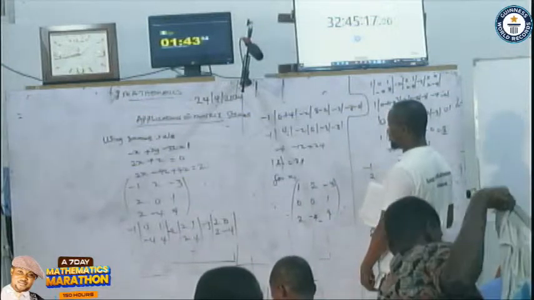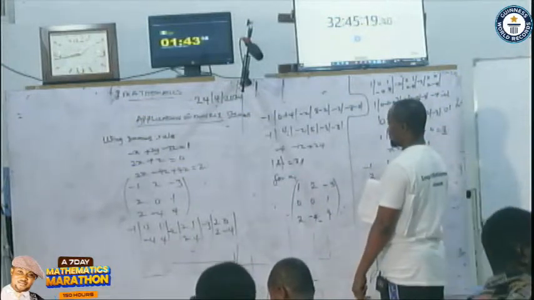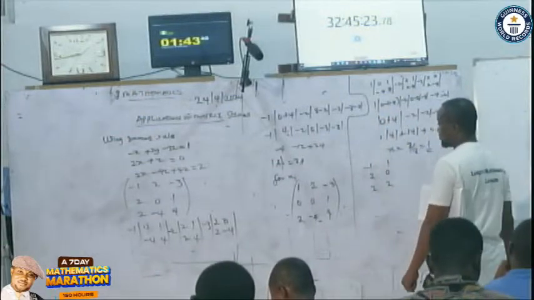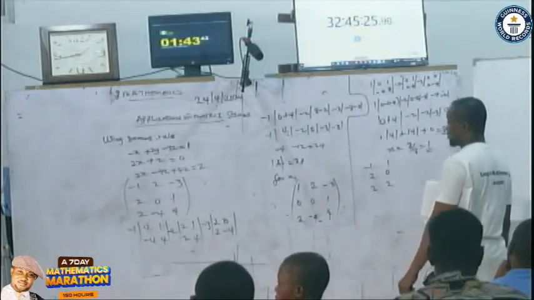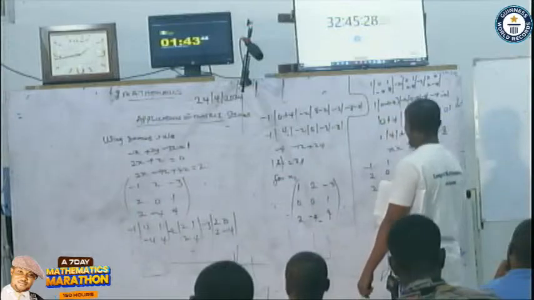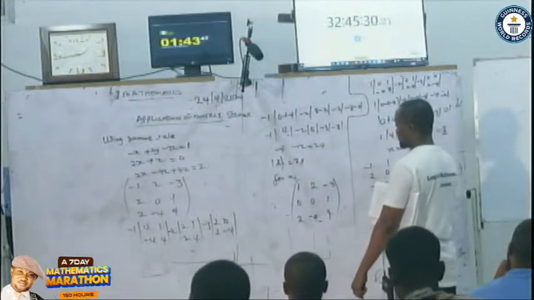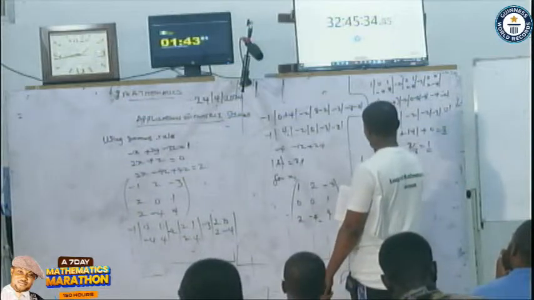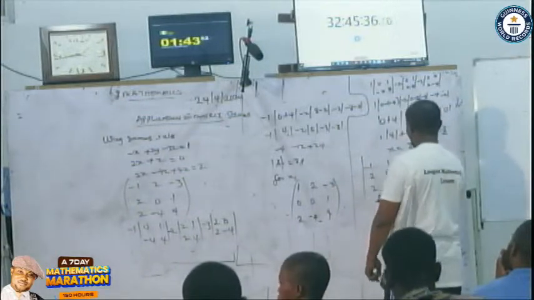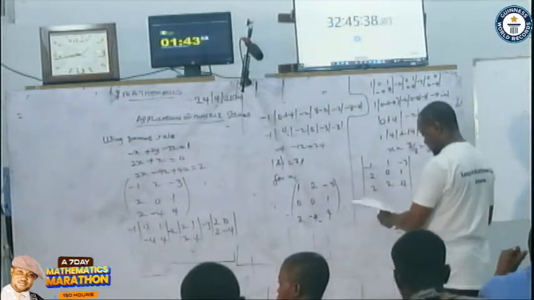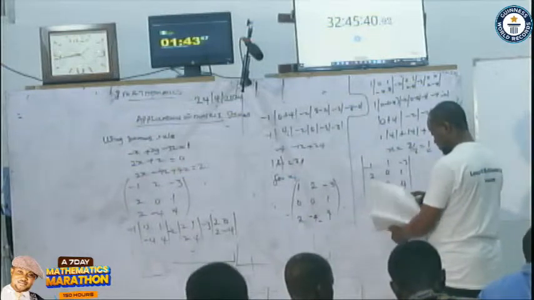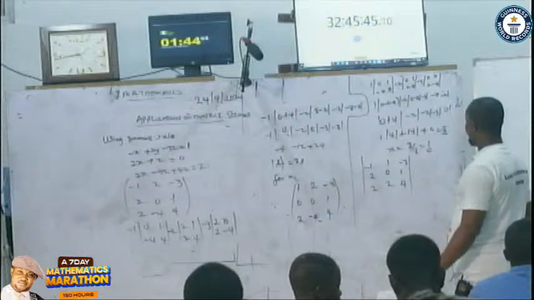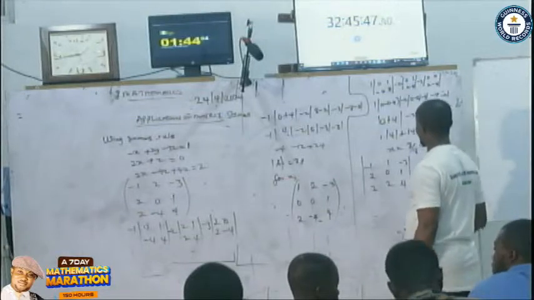So for y, minus 1 will stay, 2, 2. You now put 1, 0 to 1, 0 and 2. So I put 1, 0 and 2. Minus 3 will still be there. I found the determinant. That determinant will give me minus 15.